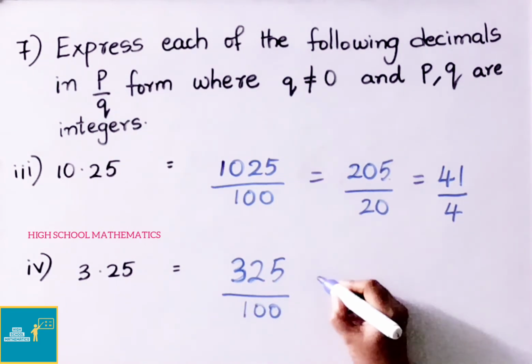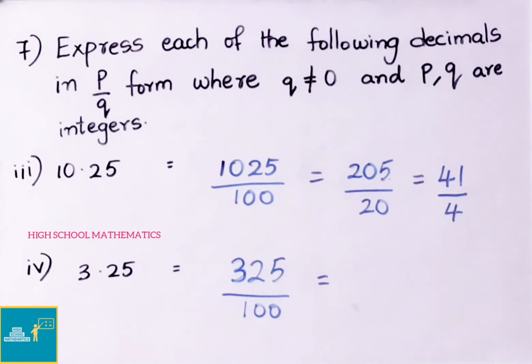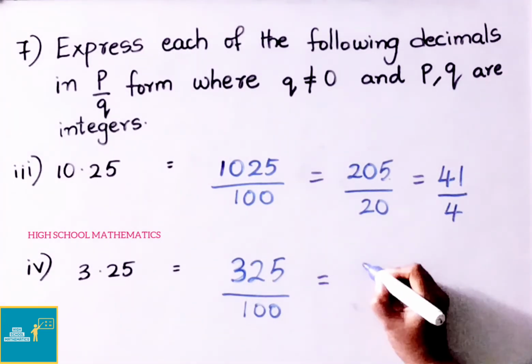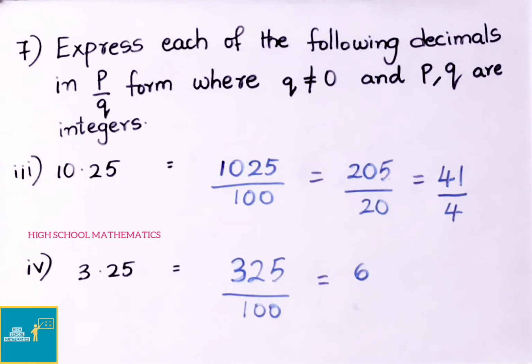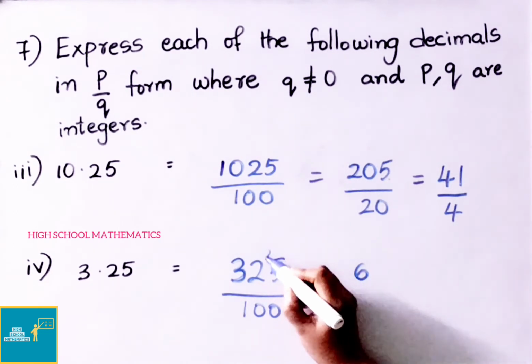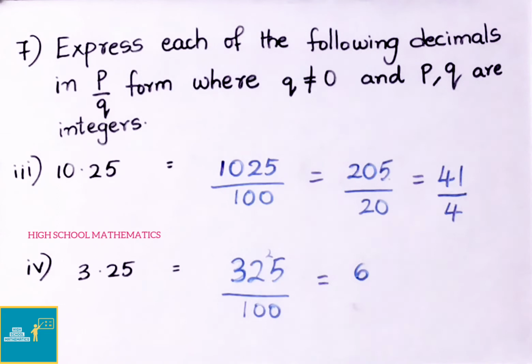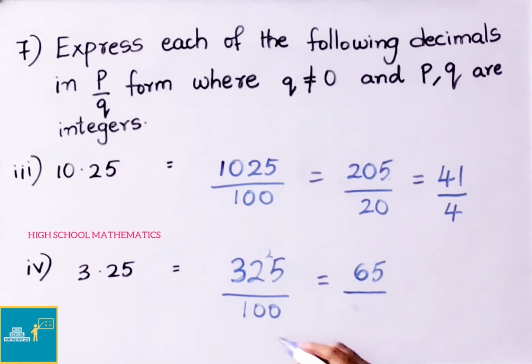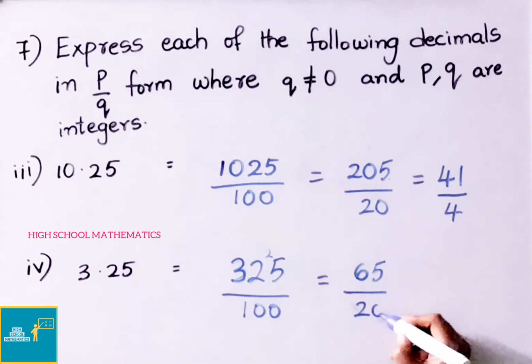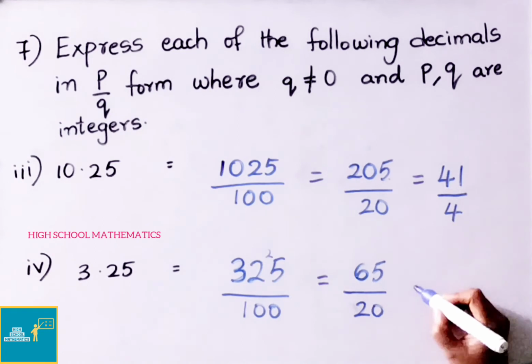Now we can simplify this further by dividing both the terms by 5. 5 times 65 is 325 and 5 times 20 is 100. Now we got 65 by 20.